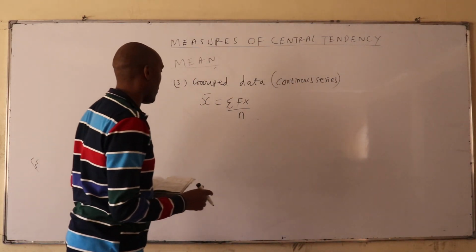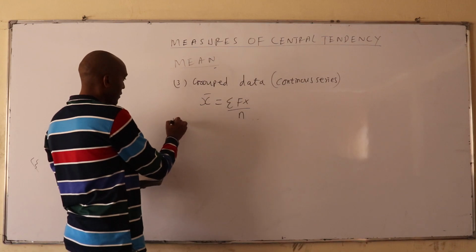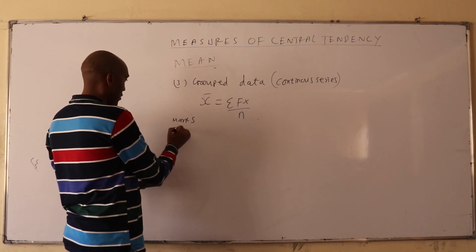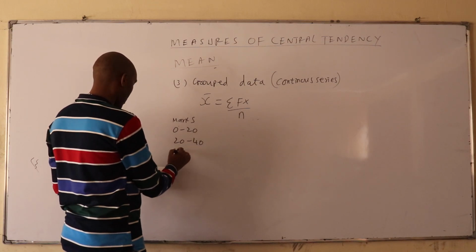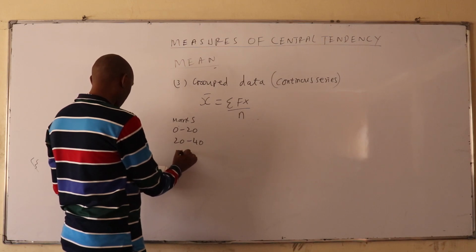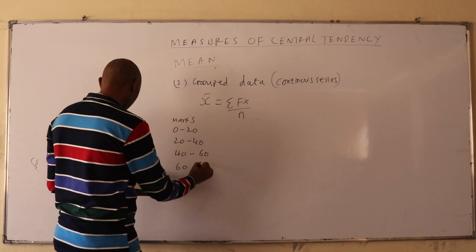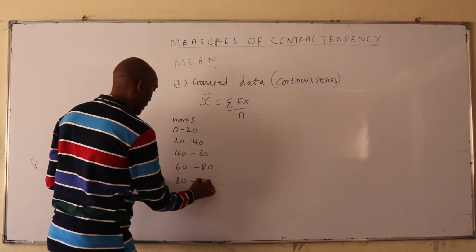It's given marks: 0 to 20, 20 to 40, 40 to 60, 60 to 80, 80 to 100.